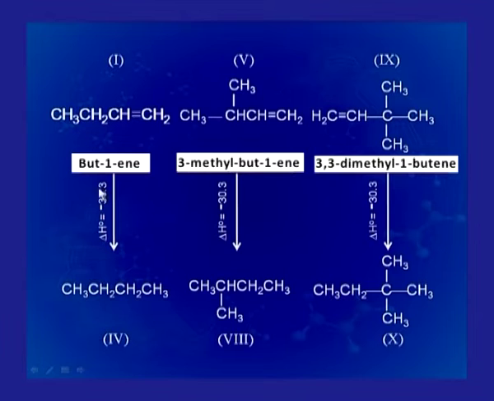We have chosen examples of 1 butene, 3 methyl 1 butene and 3,3 dimethyl 1 butene, and it is interesting that each one of them has the same heat of hydrogenation value, that is 30.3 kilocalories per mole, while the hydrogenated products are different.